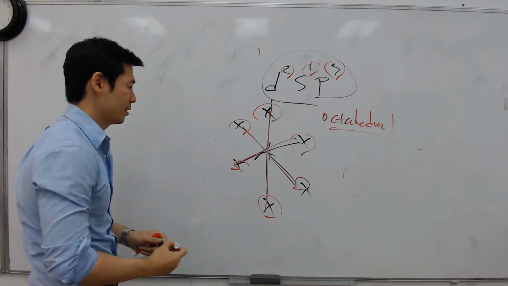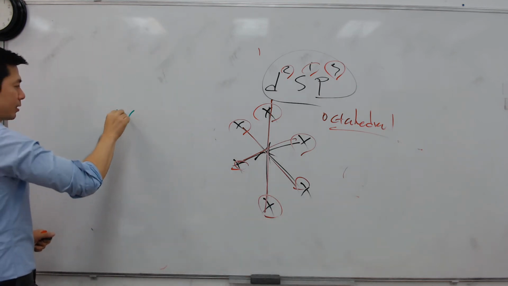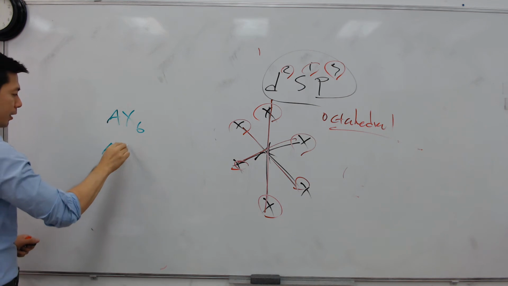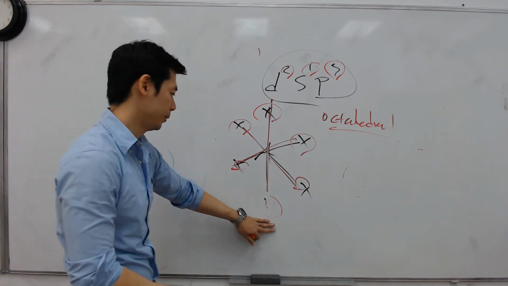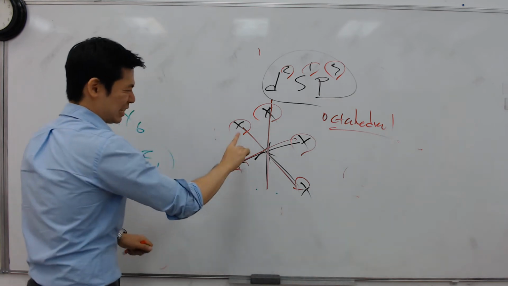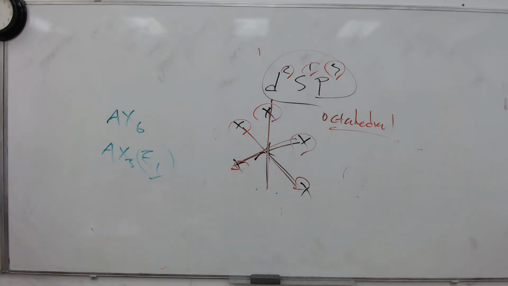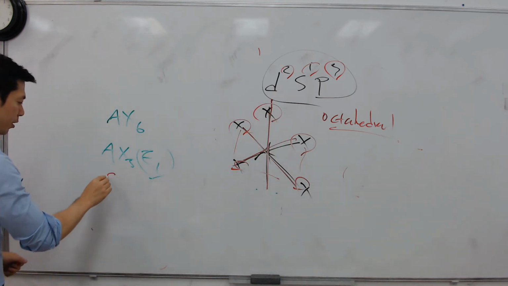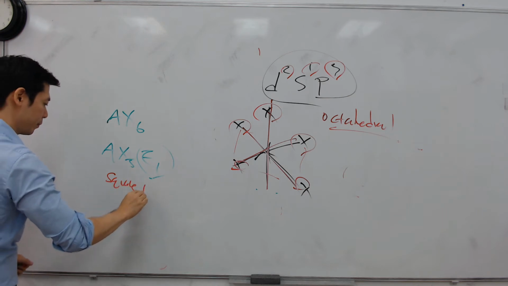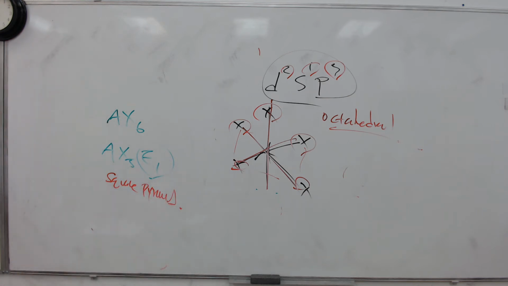They barely ask this question, by the way, but if it's AX6, octahedral, and AX5E1, so now one lone pair, what happens, guys? It's called square pyramid, so it's a square base with the point on top. That's the shape, square pyramid.